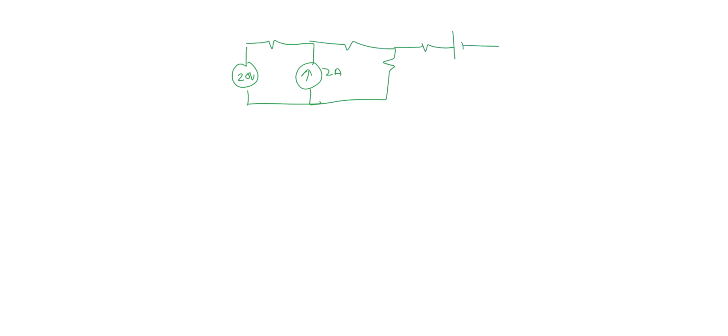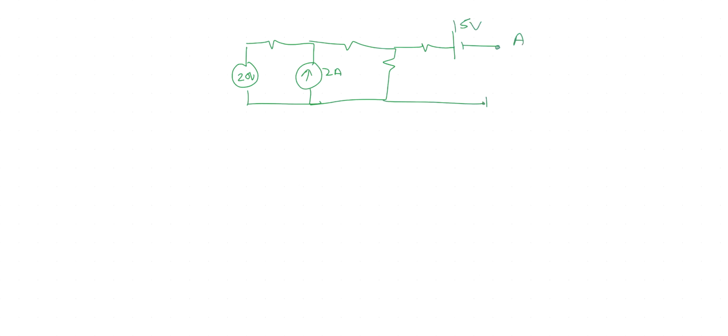So this is 20 volt, this is 2 ampere, this is then another resistor. I'm just redrawing the original circuit and then I will be explaining the voltage due to this 15 volt source.